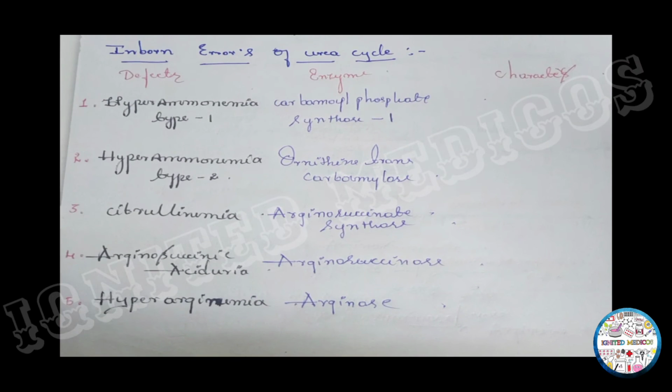So now let's move on to the defects. As I already mentioned, there are 5 steps, 5 enzymes, 5 defects. The first enzyme is carbamyl phosphate synthase 1. When this is defective, it causes hyperammonemia type 1.